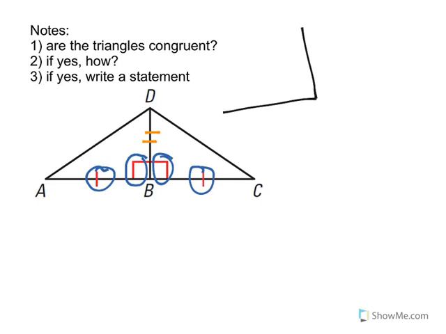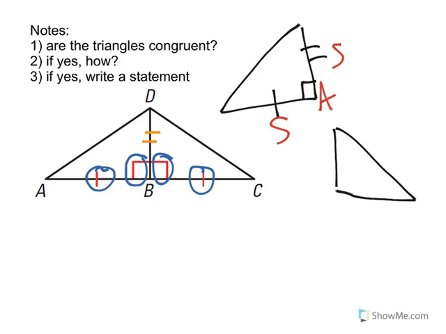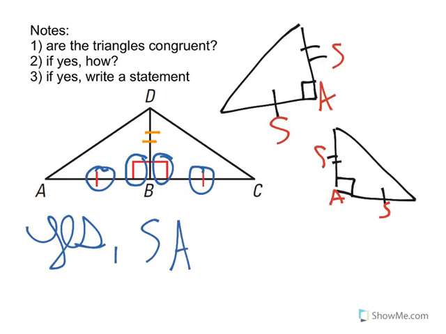So I have a side, an angle, and a side. Side, angle, side. And making sure that it's the same thing in your other triangle, I have a side, an angle, and a side. So yes, they are congruent by side, angle, side.